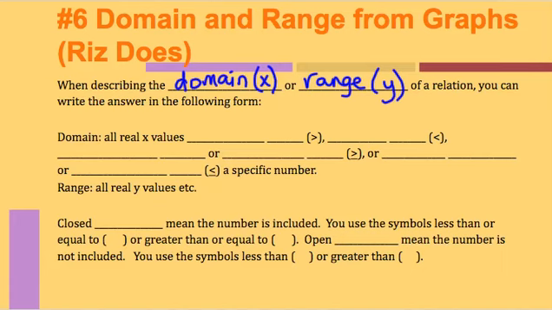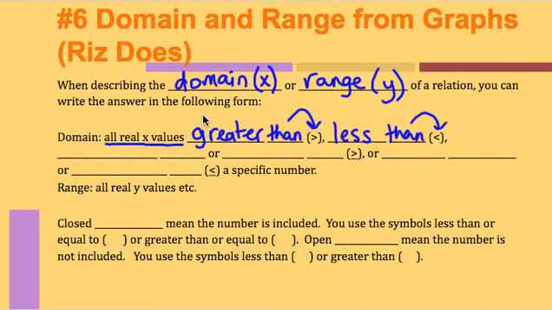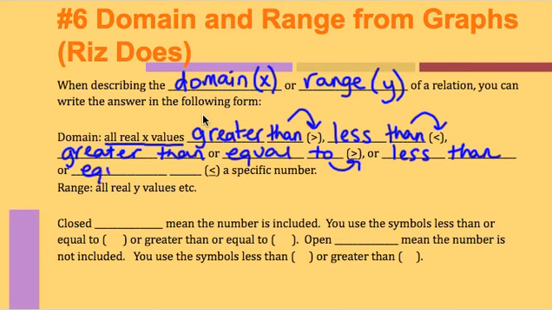For the domain, you can say something like all real x values. That's how you want to start. All real x values are going to be greater than, that's this symbol right here, less than, which is this symbol right here, greater than or equal to, which is this symbol right here, or less than or equal to, a specific number.